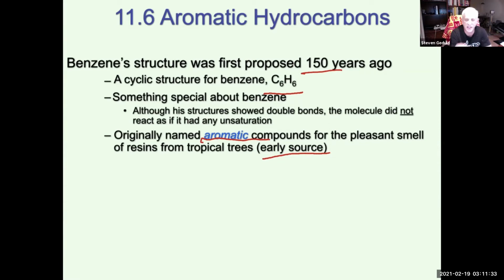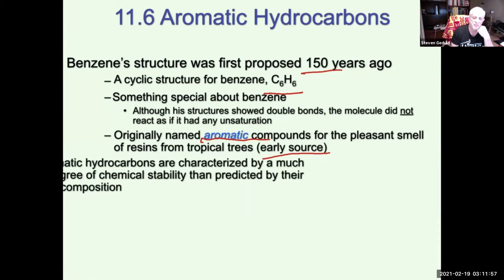It turns out we had an overwhelmingly high number of janitors dying of liver cancer. Sure enough, benzene is carcinogenic when you smell it. So if we use benzene in organic labs, which we do, we use it in a hood, and you make sure you do not smell it, because benzene is an extreme carcinogen. Just because it smells nice doesn't mean we're going to use it for cleaning buildings.